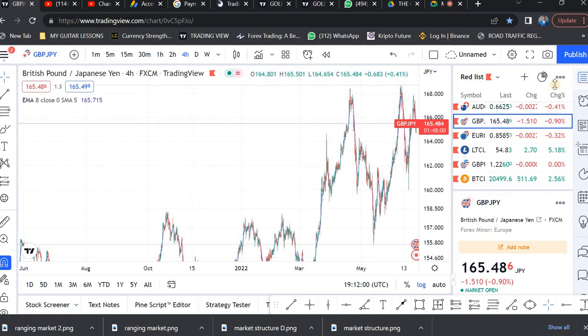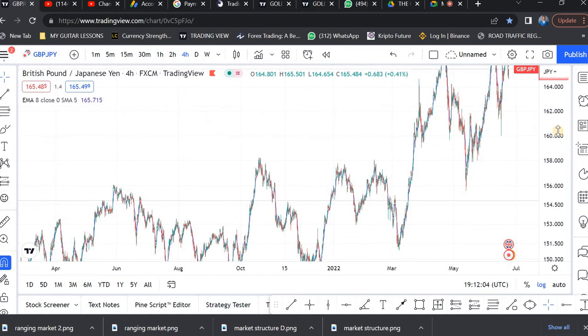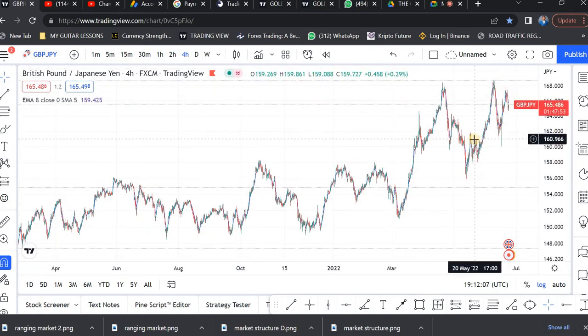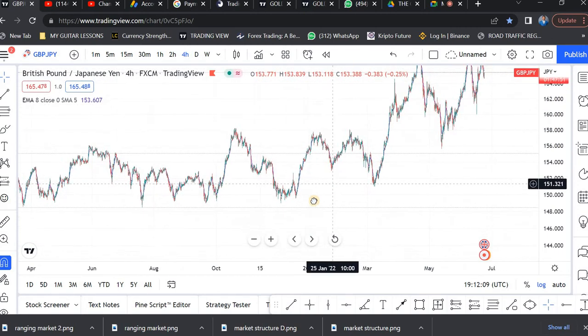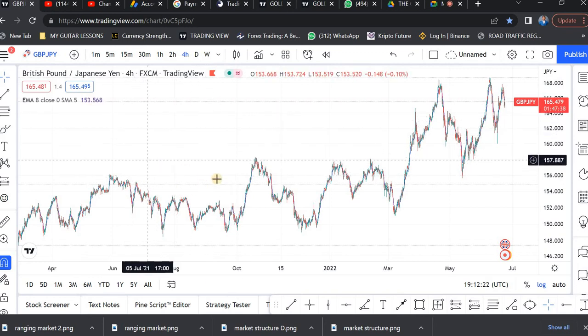This is the price chart for GBP JPY. When I say GBP JPY, I mean the British pound and the Japanese yen. These are two currencies, and we are comparing the two.